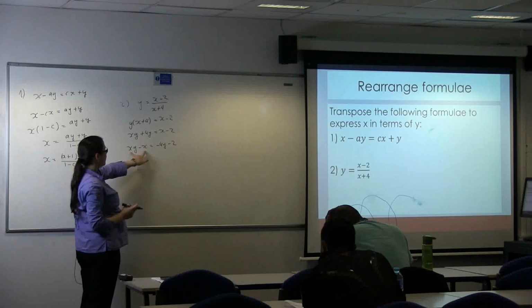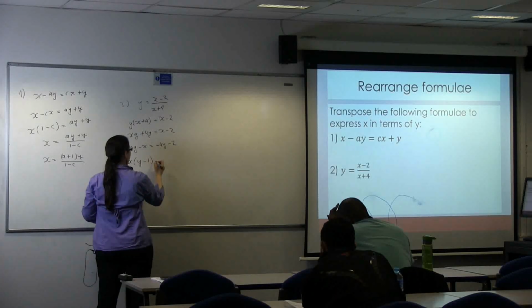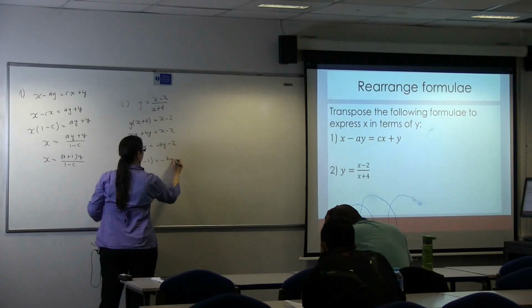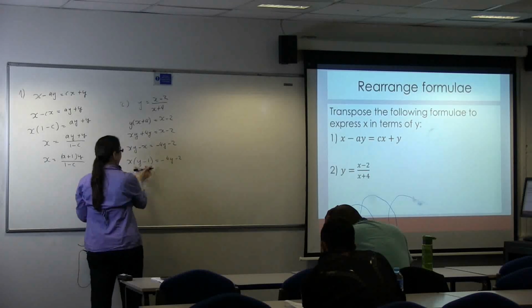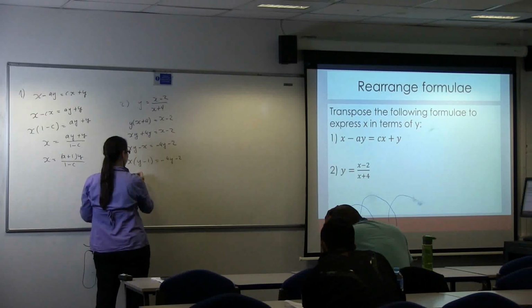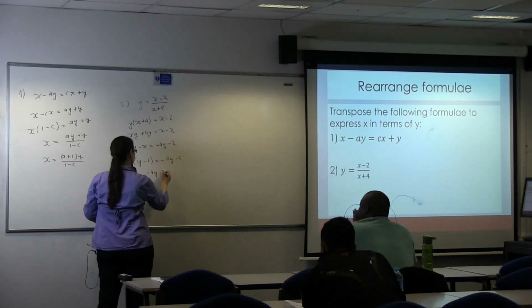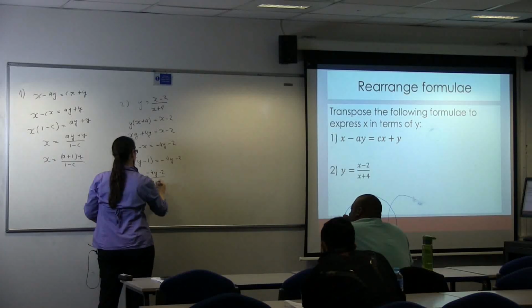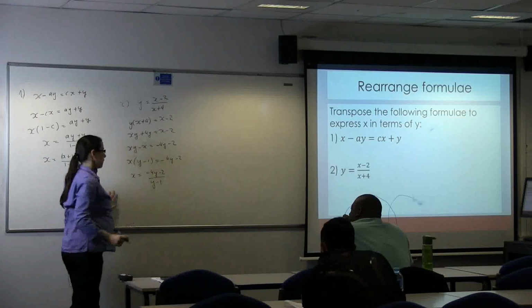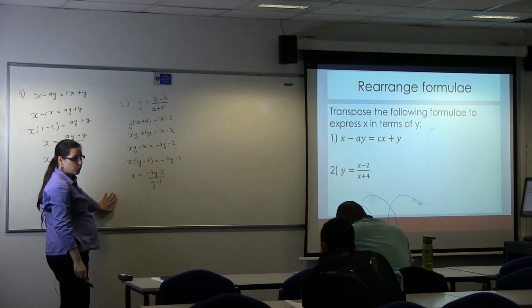Now I can factor out the x because I want x on its own. And then I can just divide down by the y minus 1. So x equals minus 4y minus 2 over y minus 1. And that is x expressed in terms of y.